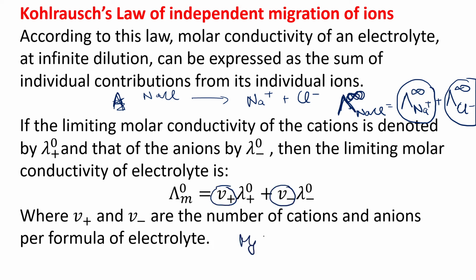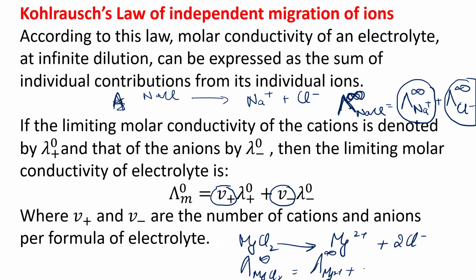For example, for MgCl2, you are getting one magnesium ion and two chloride ions. So the molar conductivity of MgCl2 at infinite dilution will be the molar conductivity of Mg2 plus plus 2 times the molar conductivity of chloride ions at infinite dilution, because two chloride ions are released, therefore we multiply by two.